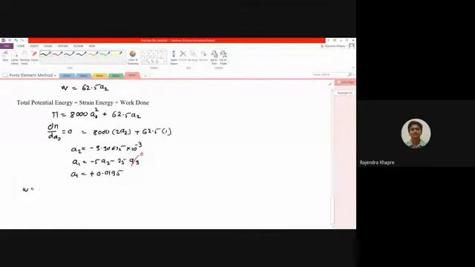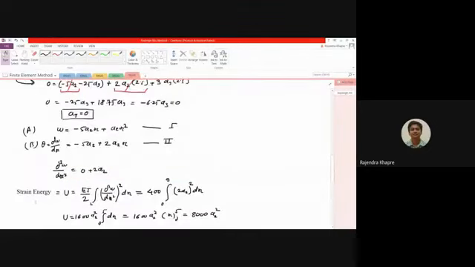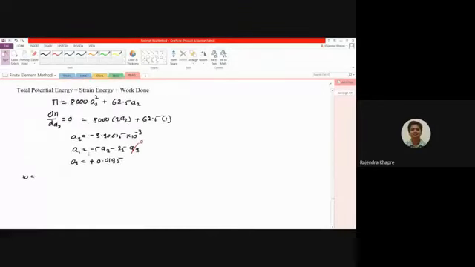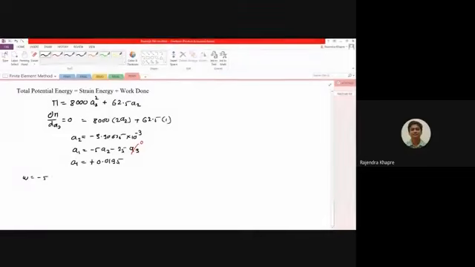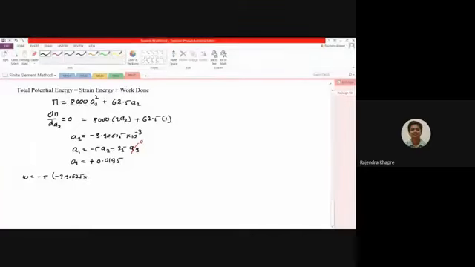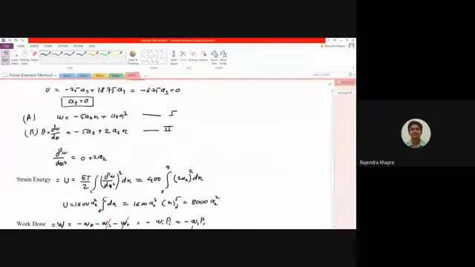So your W, how much was this? I forgot. That is minus 5 A2 X. So this is minus 5, your A2 is minus 3.90625 into 10 to the power minus 3, this into x, plus your expression is A2 into x square.